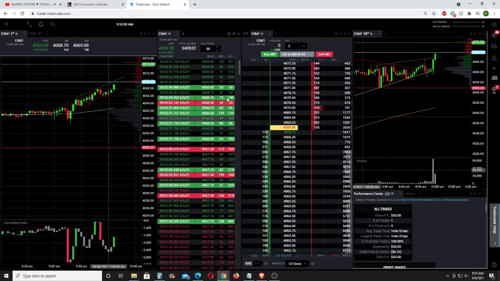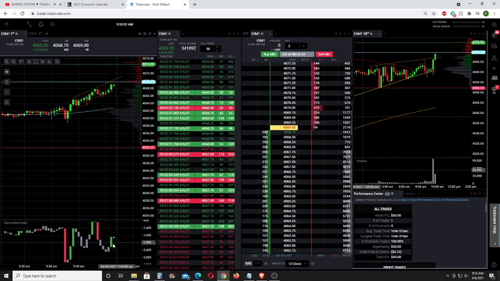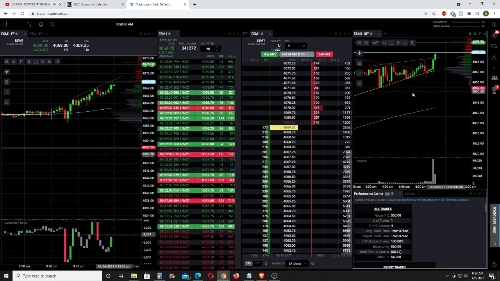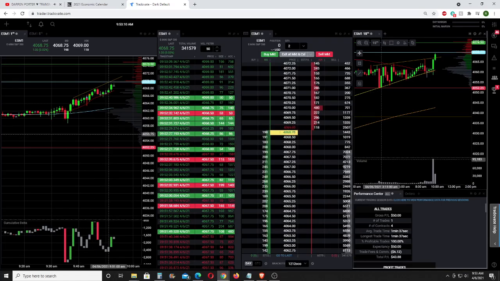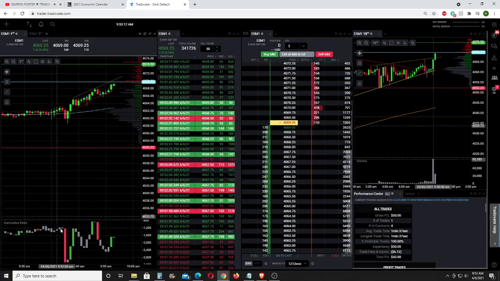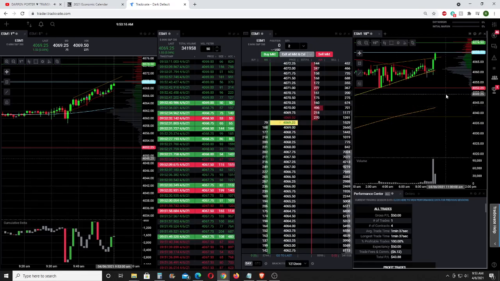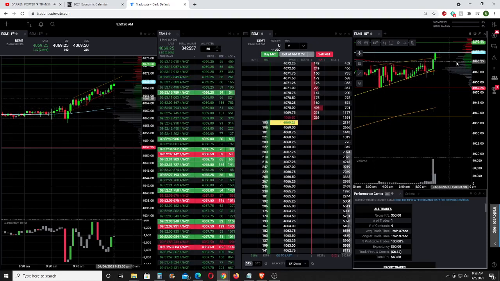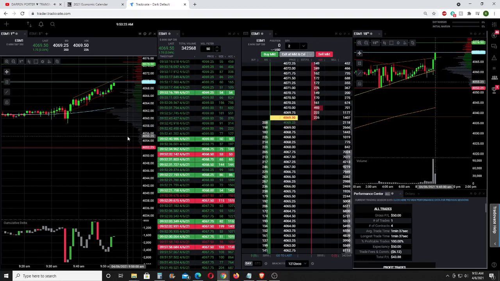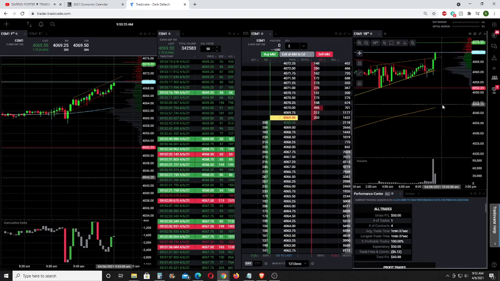This tape is proving it with these big block trades as well as the delta. Very, very strong. Broke this channel here. Another bullish sign.